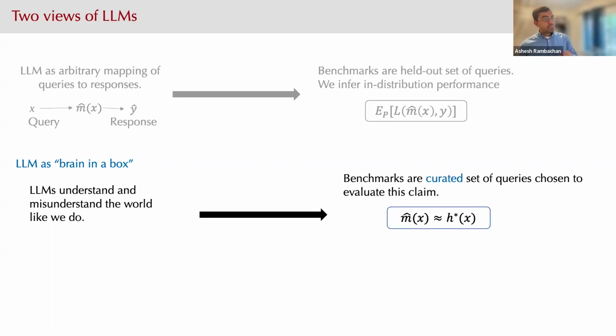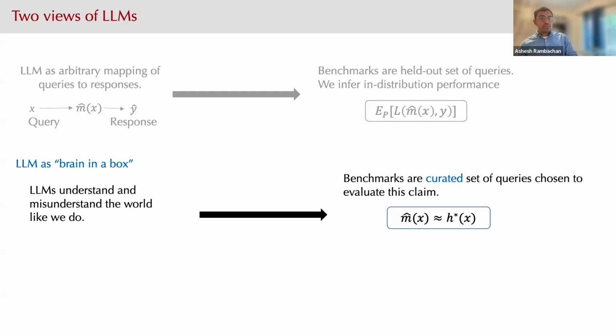So in this perspective, one might very roughly view that benchmarks are a curated set of queries designed to try to evaluate this claim. In other words, if we saw good performance on a benchmark, we should be more confident that large language models perhaps perform as well as the best possible human or something outside of the human frontier.